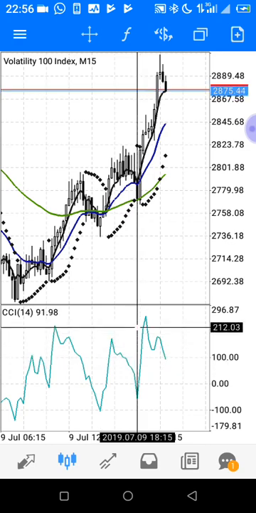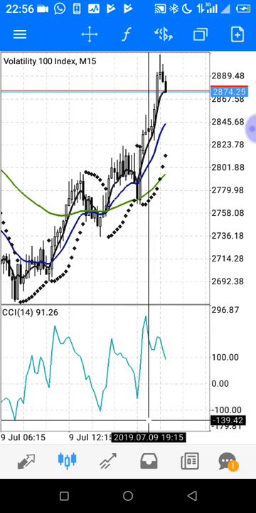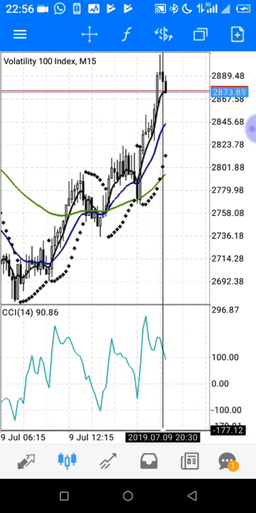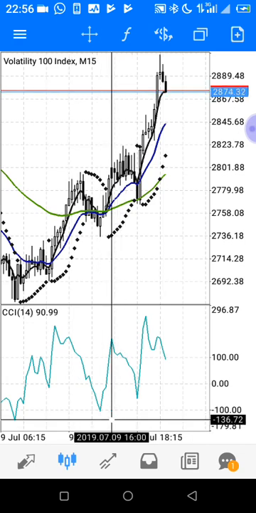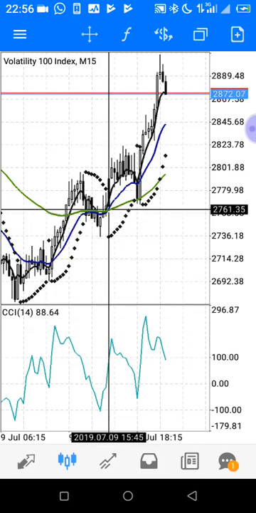Here is +100 up to there. That's when you buy, and if it's in the negative 100 from here up to there, that's when you sell. Simple.